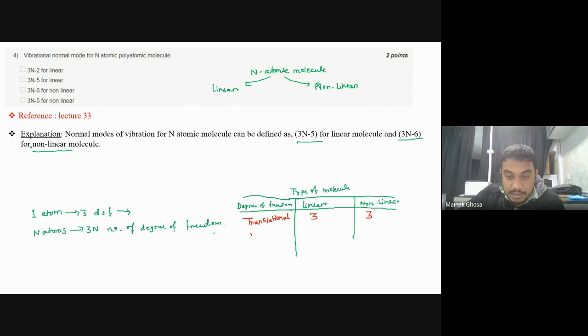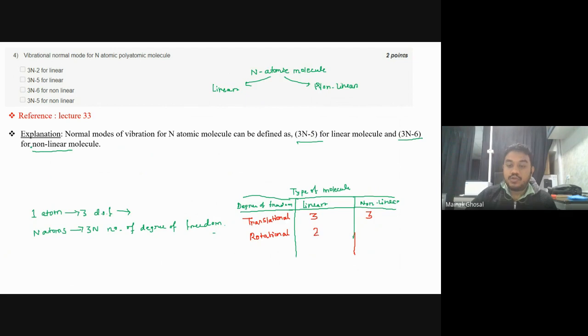Then there are rotational degrees of freedom. For a linear molecule, how many rotations are possible? Since a linear molecule is situated along a particular line, it doesn't have as many degrees of freedom as a nonlinear molecule.